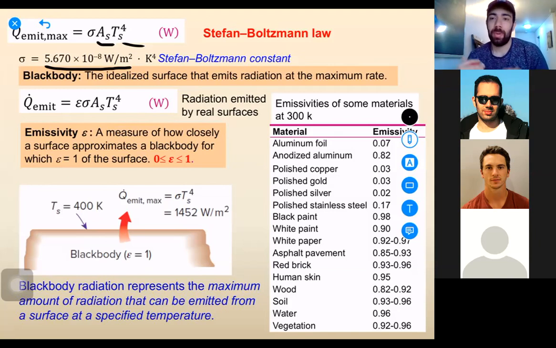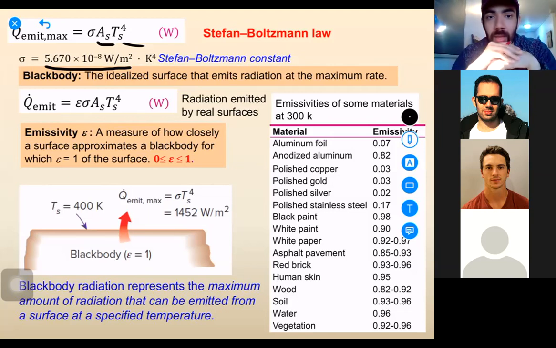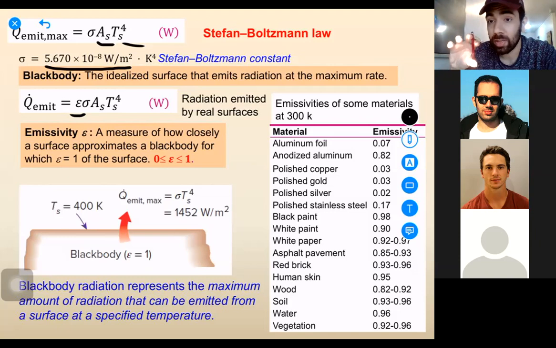That is because black surfaces have the highest level of absorption and also emission in terms of radiation. So this epsilon is making its role in specifying what fraction of the total energy is being emitted based on the kind of that surface.